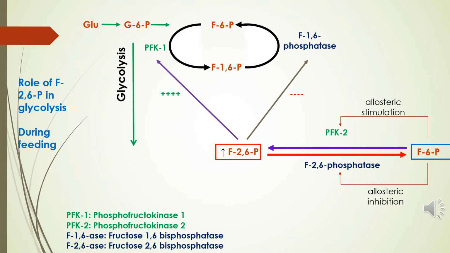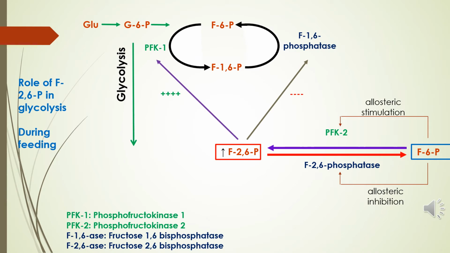This step is to stimulate phosphofructokinase 1. So the fructose 2,6 bisphosphate stimulates or activates the phosphofructokinase 1 involved in glycolysis, which converts fructose 6-phosphate to fructose 1,6 bisphosphate.